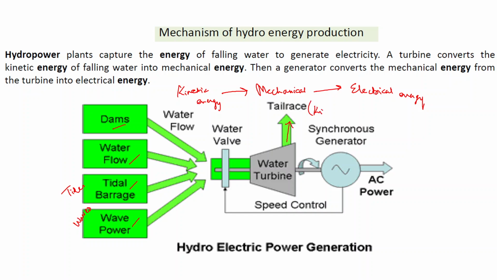Here, the kinetic energy is reduced. In the generator, it is converted to AC power.